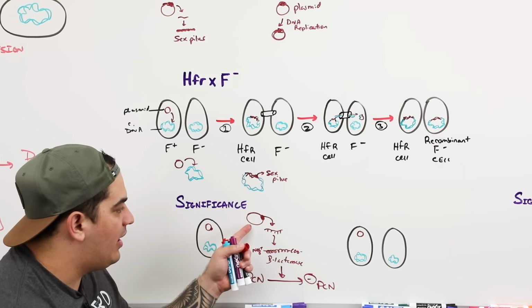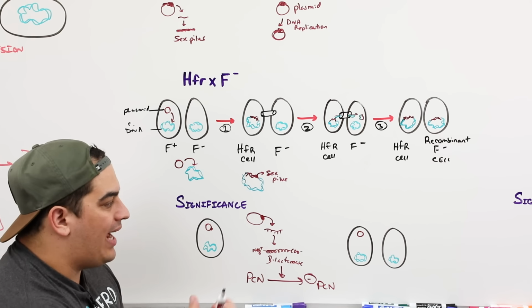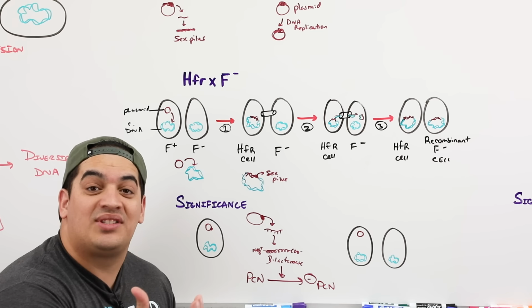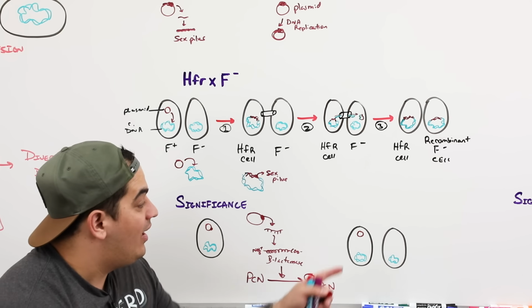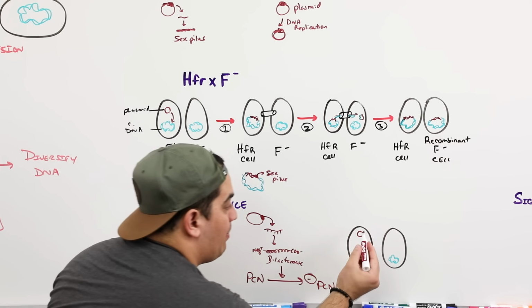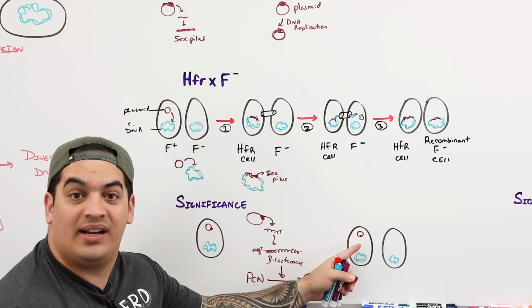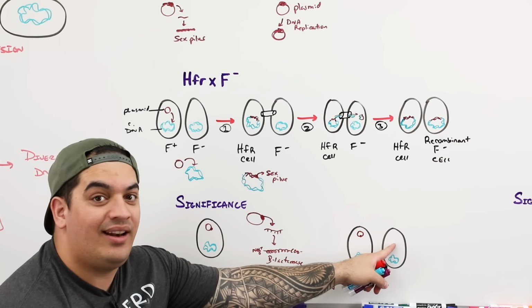That's one of the interesting things about this plasmid. So if I took bacteria and put them on a plate, and I put some penicillin on that plate, this bacteria, if it has the plasmid that contains that gene, would survive despite the penicillin being there. But this one, would it?